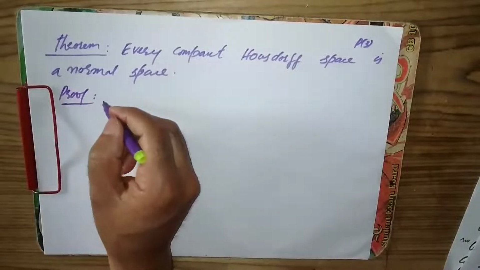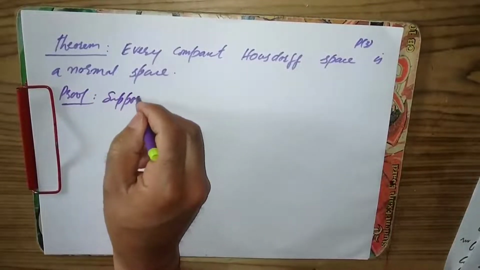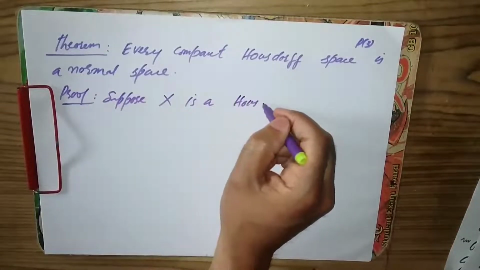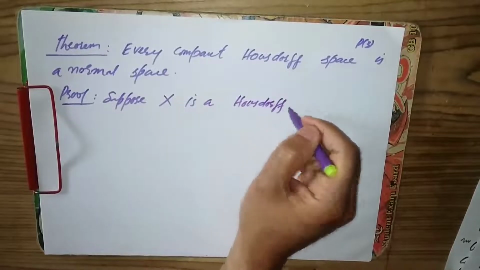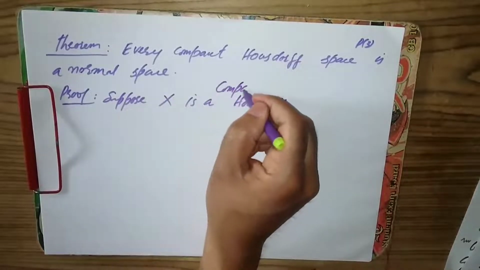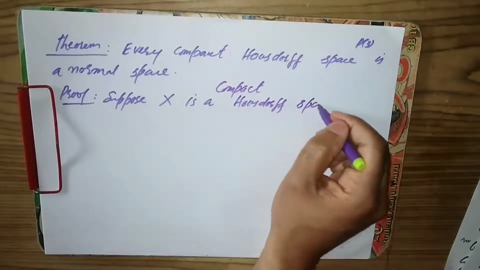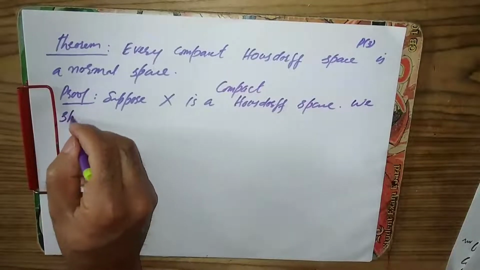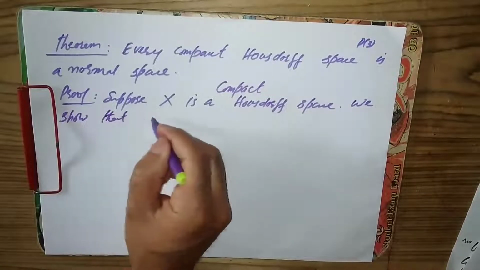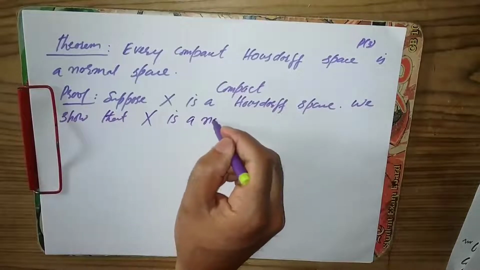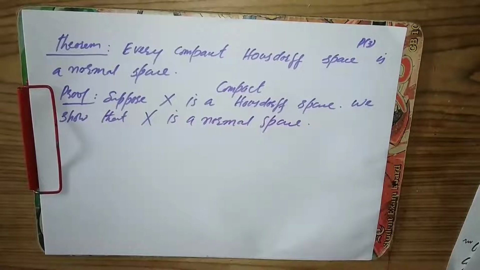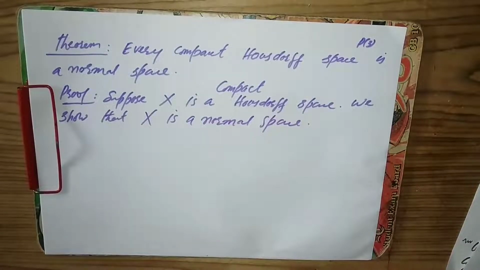So suppose X is a compact Hausdorff space. We show that X is a normal space. By normal space we mean that any two disjoint closed sets can be separated by disjoint open sets.